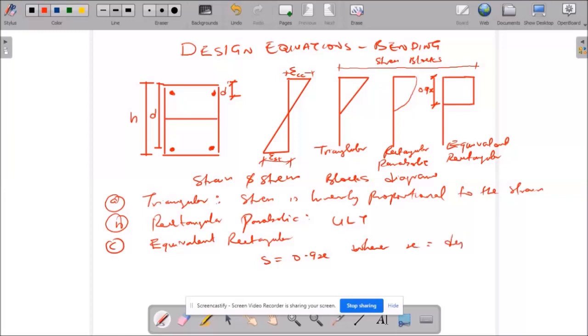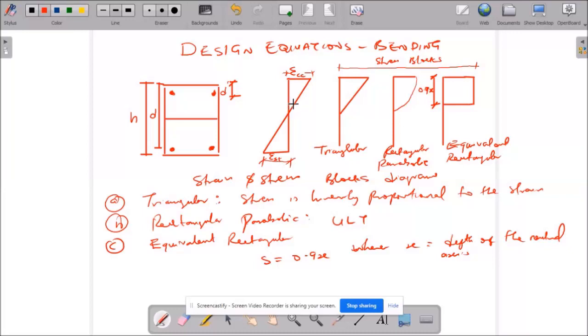So here S, this is the equivalent rectangular. We call x the depth of the neutral axis.